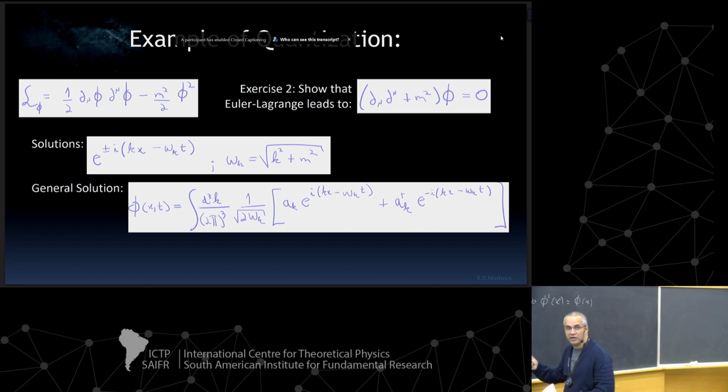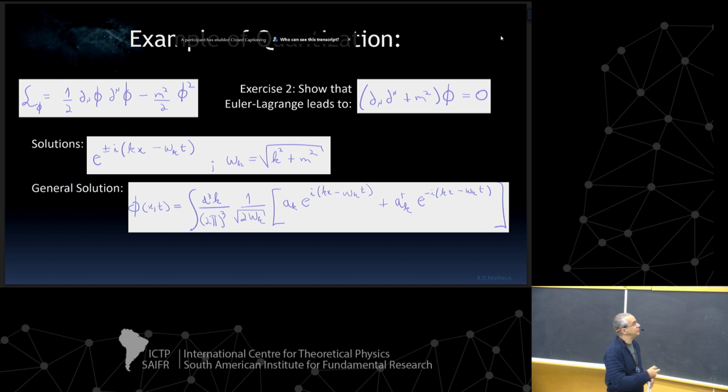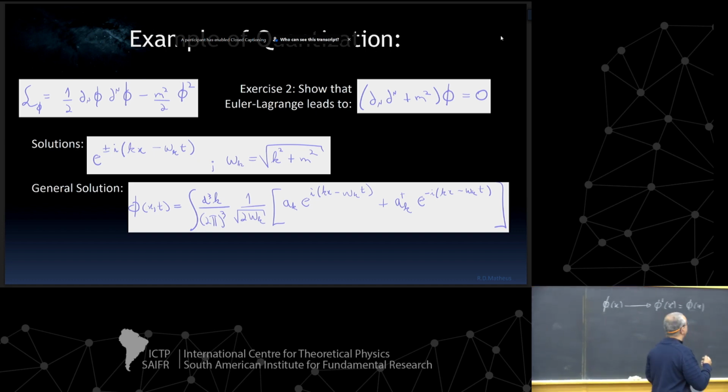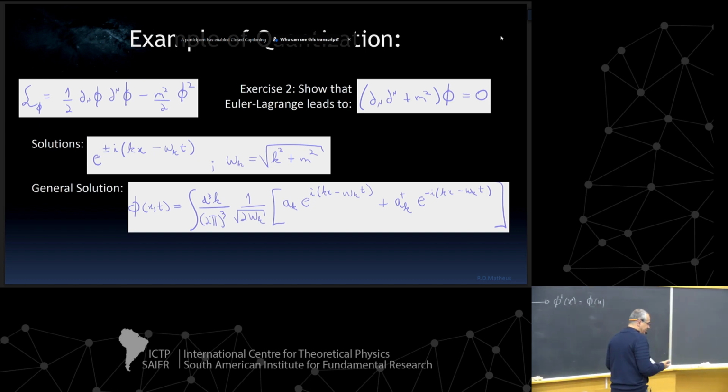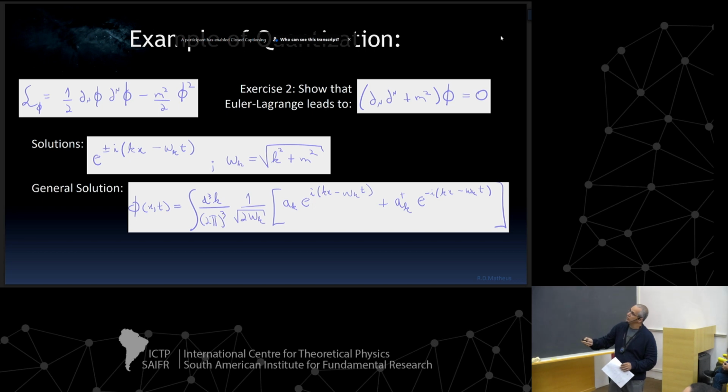So you can show this as an exercise. If you apply the Euler-Lagrange equations here, just extremize the action, you write an action based on this field and extremize it, you see that the equation of motion for this classical field is this one, which is a well-known equation. Then you solve that one, and you get solutions which are exponentials for some frequency omega. This omega is defined as the positive, that's important, square root of k squared plus m squared.